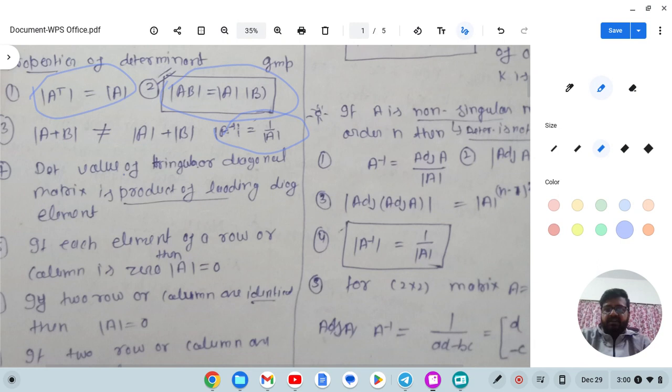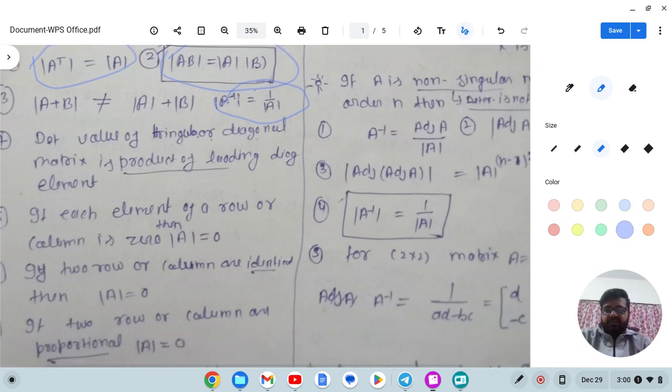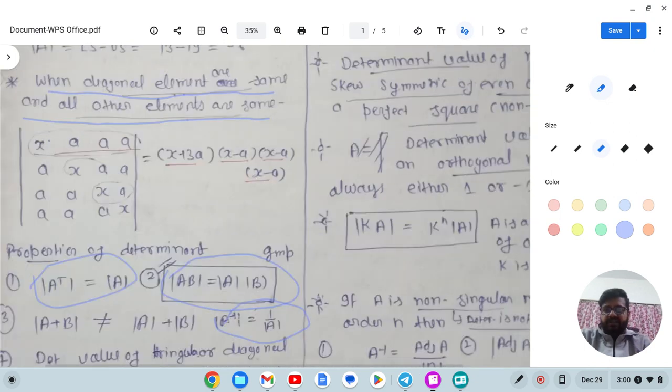The next is that the determinant value of a triangular or diagonal matrix is the product of the leading diagonal elements. This is called the leading diagonal.